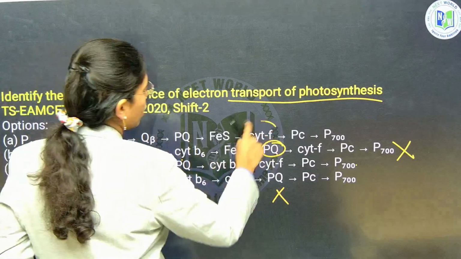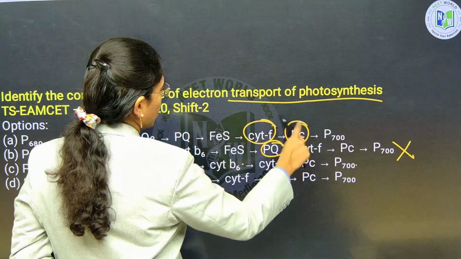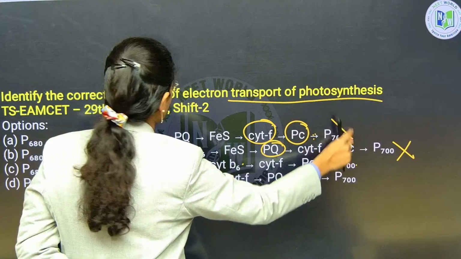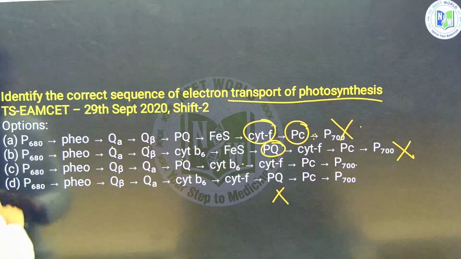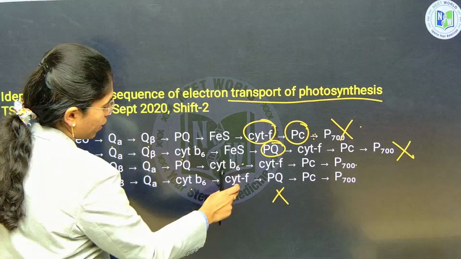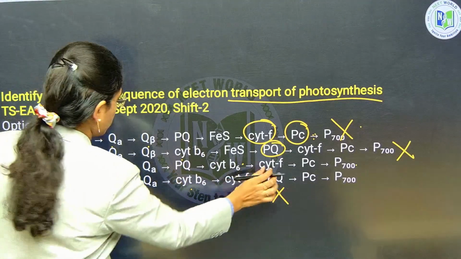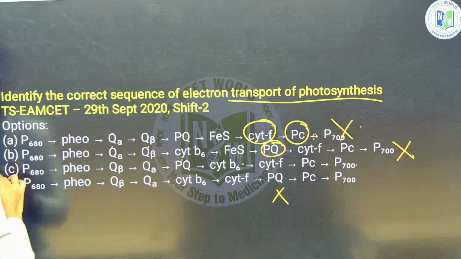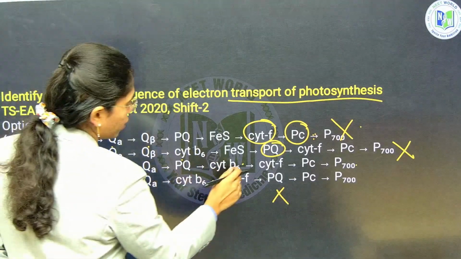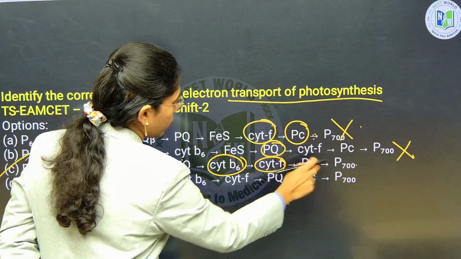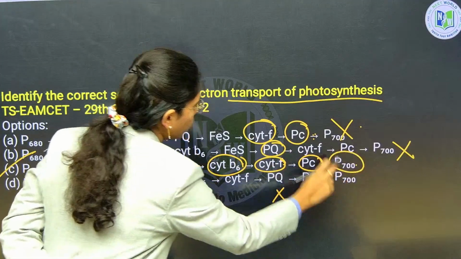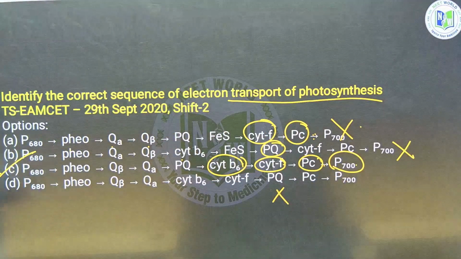Cytochrome f will not be present in photosystem 1, so you can eliminate this as well. Option D goes correct: cytochrome b, cytochrome f complex. So, option C you see: cytochrome b, f followed by plastocyanin, and then it is moved to P700. Option C will be the right answer.